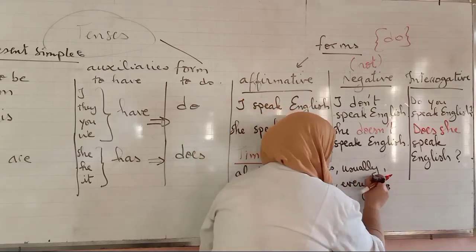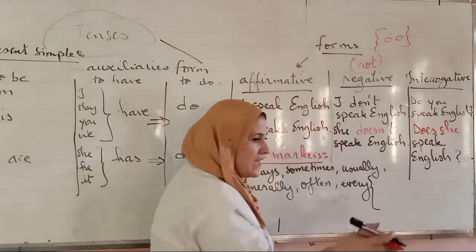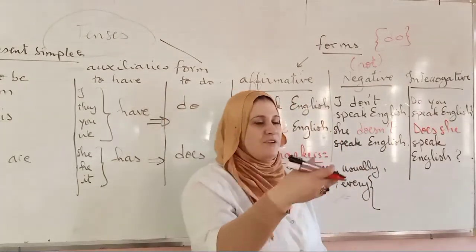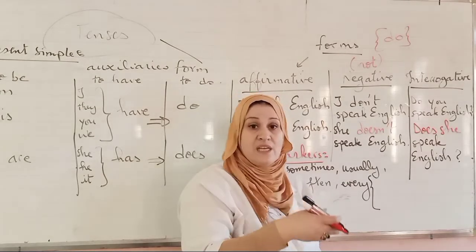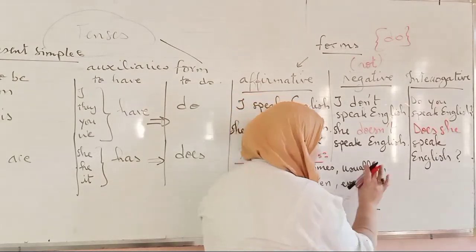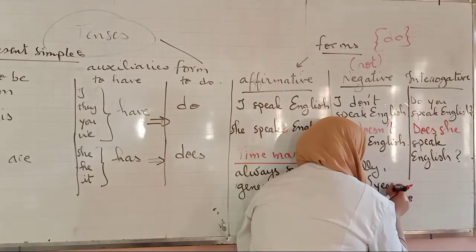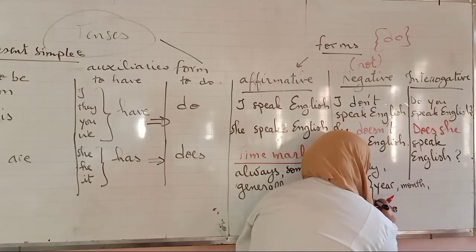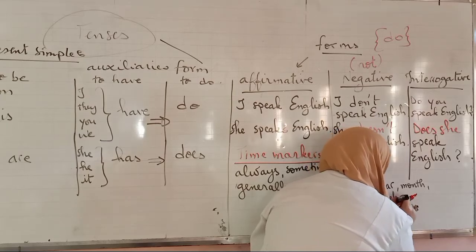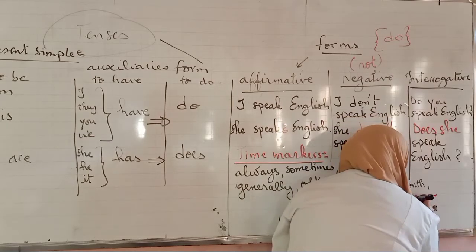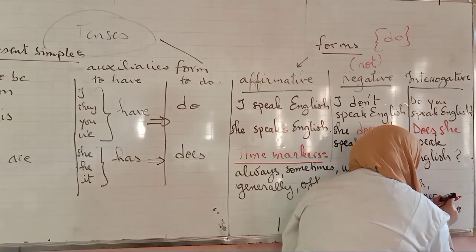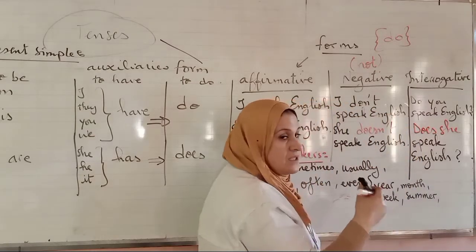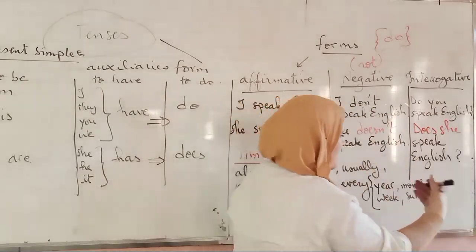Concerning every, automatically we have every day, every week, every Monday, every summer, every month, every year, and so on. So in every we have year, month, week, summer, if we talk about seasons, something that you repeat each season, each summer.